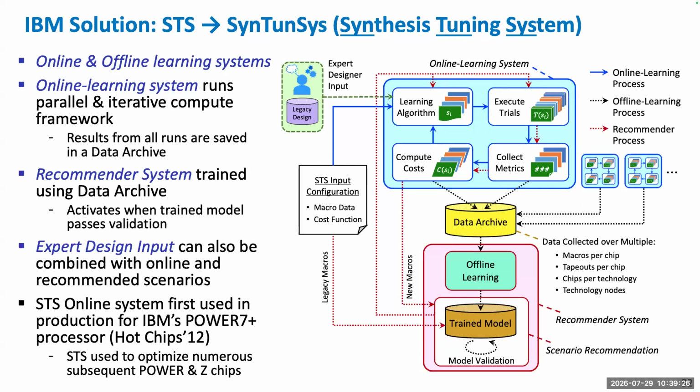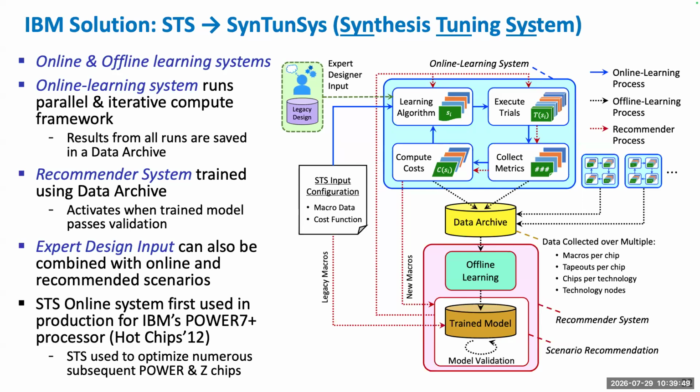So this is the IBM STS and TuneSys system. I think the key takeaways is that it implements an online and offline learning system with also the ability for the expert to inject, let's say, parameters to tune. And so it was trying to do a lot of things. And this is kind of a concept system.